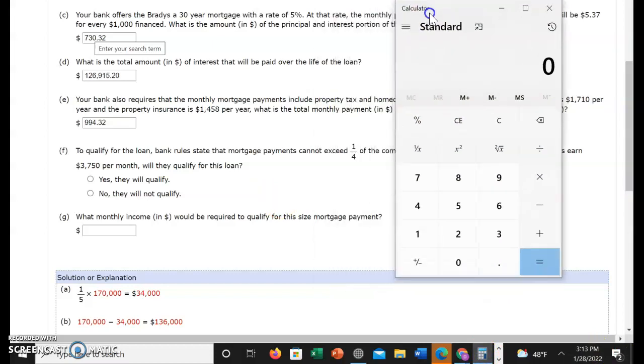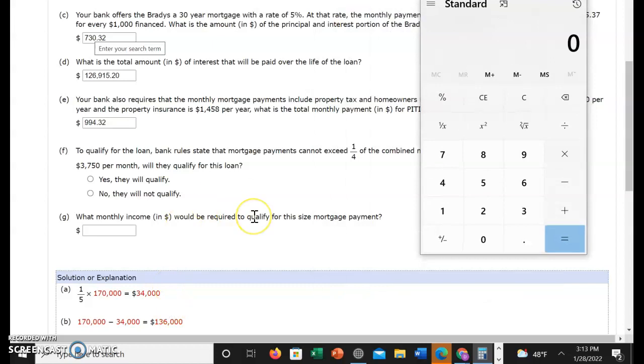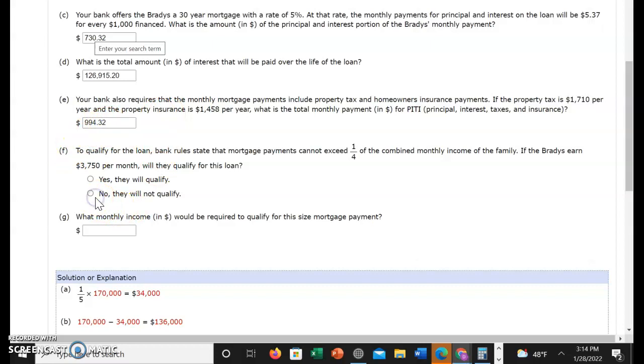Okay, so 1/4 of 3,750, you can either multiply by 1/4 or divide by 4. So they would not qualify because 1/4 of their income is $937.50, and they need it to be $994.32. So no, they will not qualify.